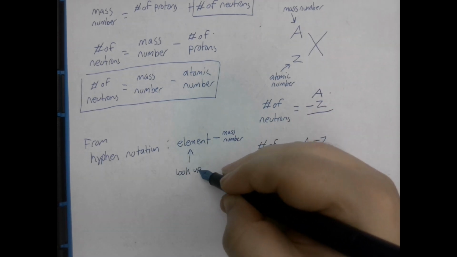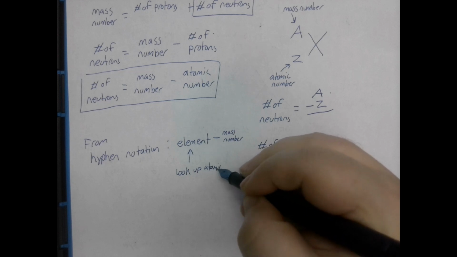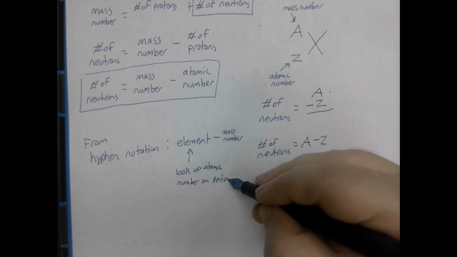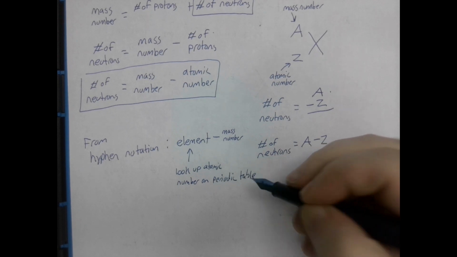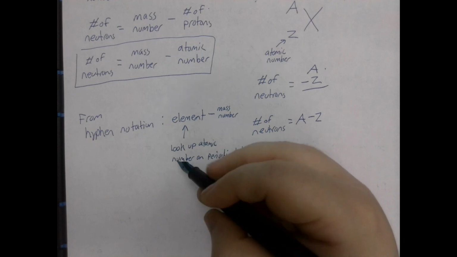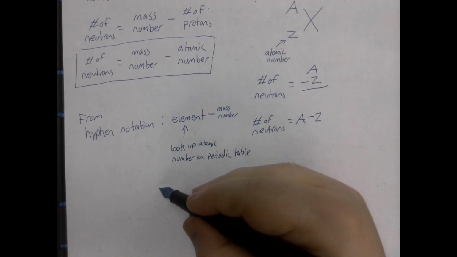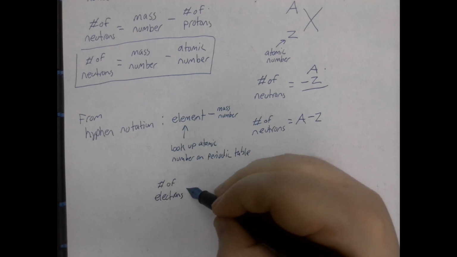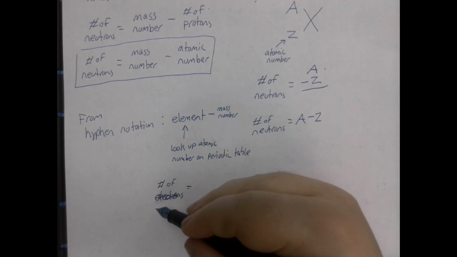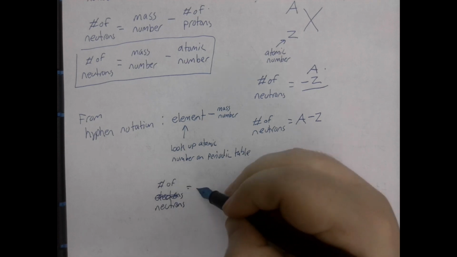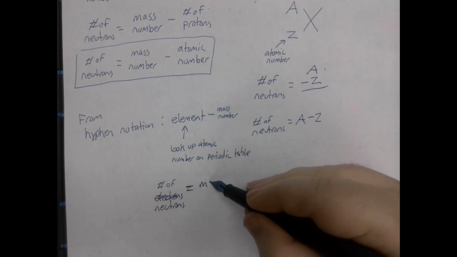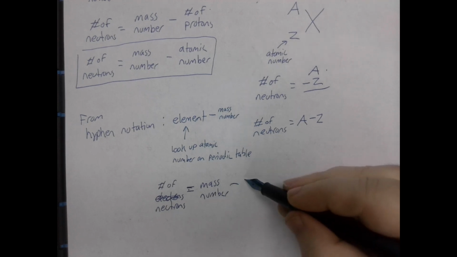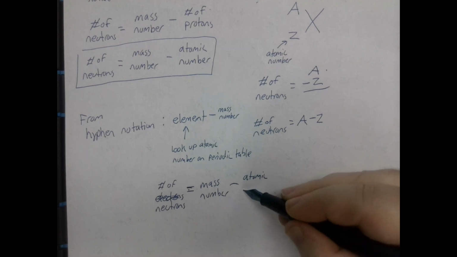Look up the atomic number on the periodic table. And then you just do number of electrons. Not electrons. Neutrons would be equal to the mass number minus the atomic number you found on the periodic table.